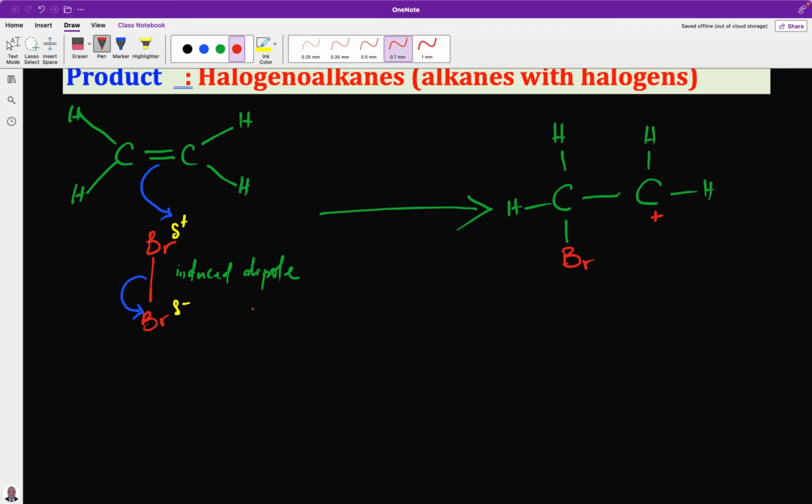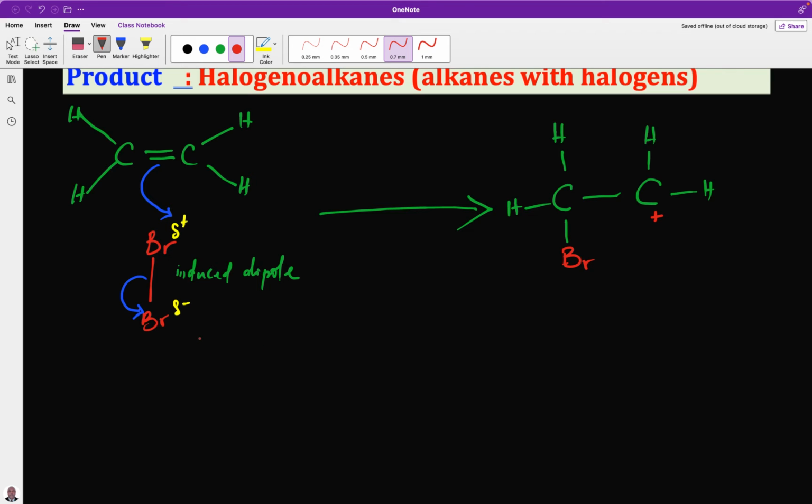Secondly, the pi electrons that are here will repel the bonding electrons here towards this other end of the bromine. And when that happens, it results in heterolytic fission. When it results in heterolytic fission, this bromine with no bonding electron will benefit from the lone pair of pi electrons. It will accept the pair of pi electrons to form a bond here with this carbon.